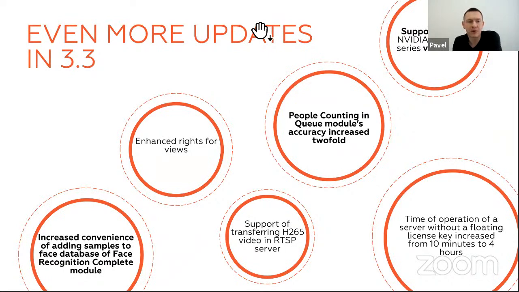You will also have access to previous versions, which is 3.2, for example, which you can download freely from our website, install on your server, and request from us a trial license, like a 30-day license, for example. We can provide you with the full-featured product, limited to 30 days for your own tests and investigation.